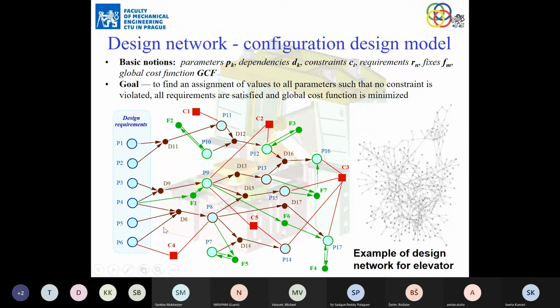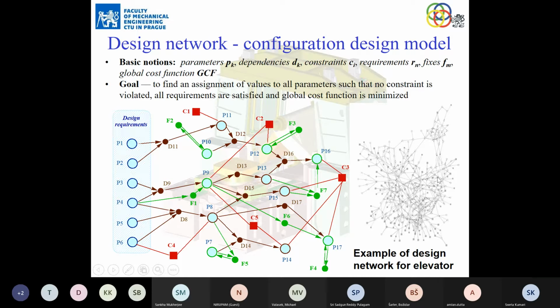It's a fact that from some parameters you compute, from dependencies, other parameters, and these computed parameters must fulfill some constraints, and if constraints are not fulfilled, you have some fixes, and over all of this computation you have some global cost function for optimization. Here is an example of a benchmark of a relatively simple design network for an elevator in a building.